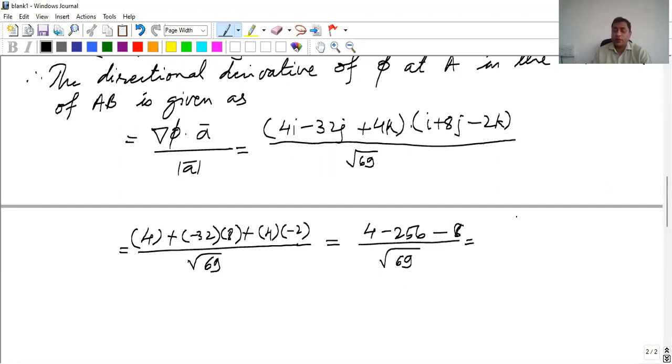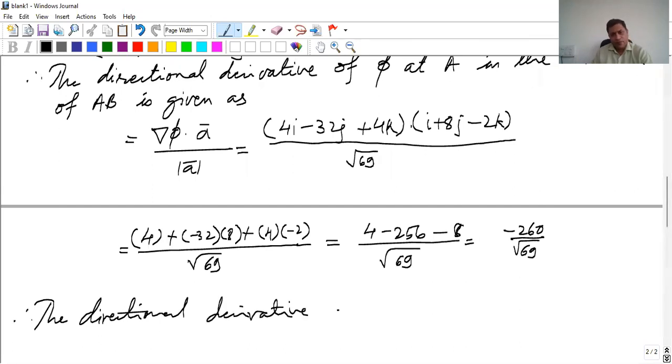So the numerator will be minus 260, divided by root of 69. So we got the directional derivative of phi as minus 260 by 69. Is there any doubt?